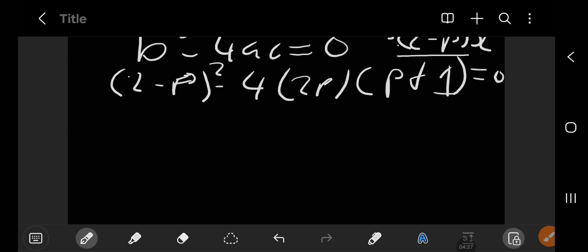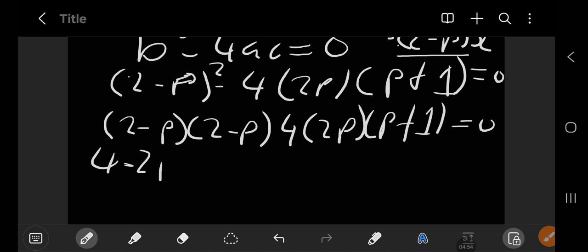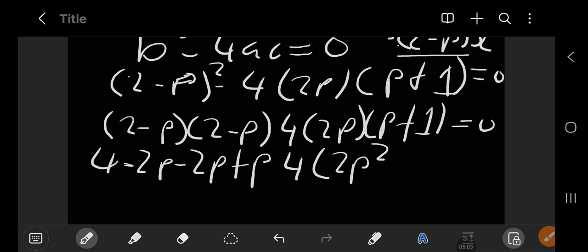So let's expand this. 2 minus p squared minus 4 open brackets 2p, and then p plus 1, equals 0. When I FOIL, this becomes 4 minus 2p minus 2p plus p squared, and then 2p times p is 2p squared.